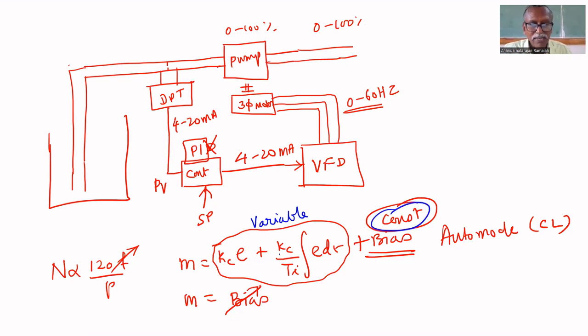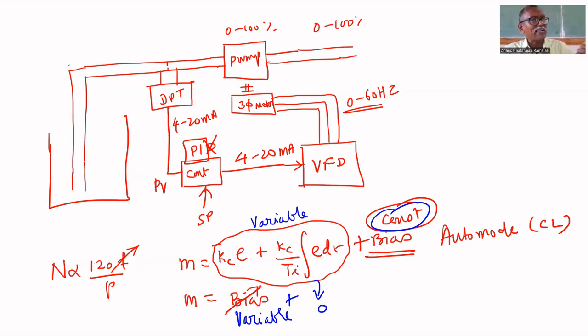In manual mode, this part is 0. Error is not calculated. Error is not accounted. Always error is 0 in manual mode. Error will not be taken into account. Only bias can be adjusted. This is variable in manual mode.